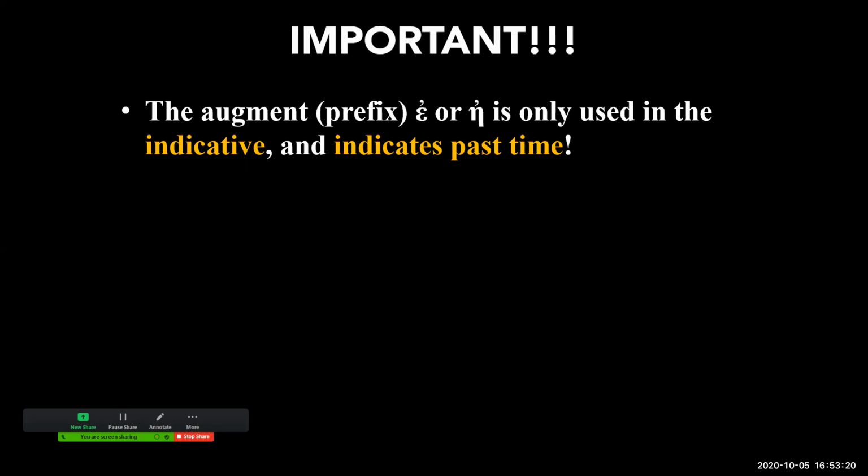As we move away from the indicative, we also move away from the augment. The augment only appears in the indicative mood. So up until now, you have been able to recognize the aorist tense, usually by an augment at the beginning, a prefix, usually an epsilon, or sometimes it contracts with another vowel at the beginning of a verb if that verb begins with a vowel.